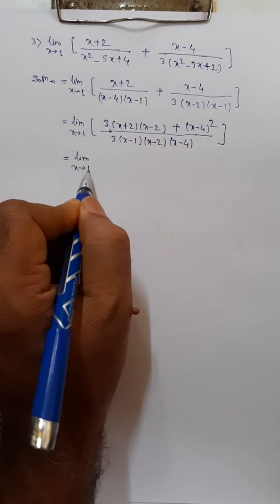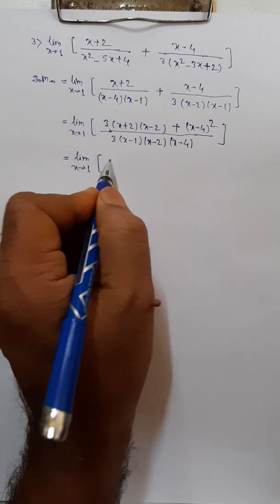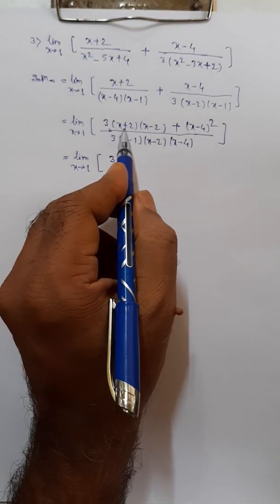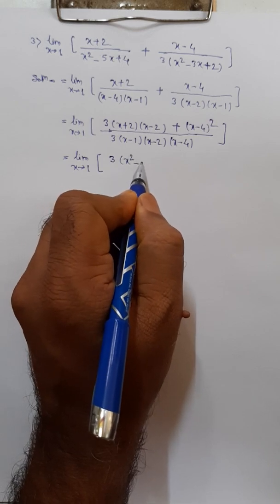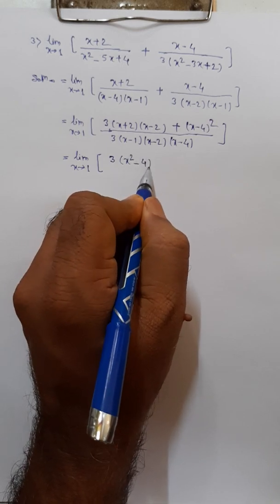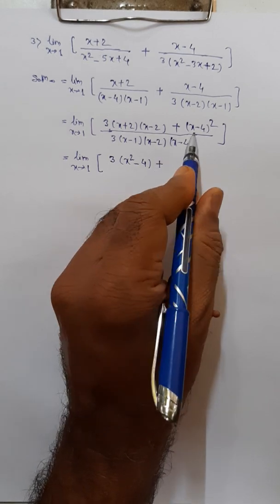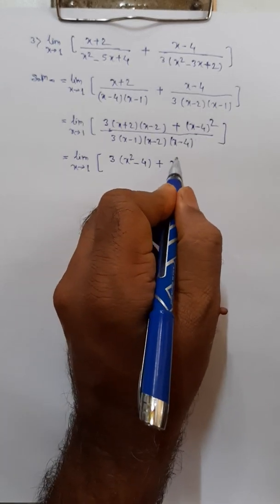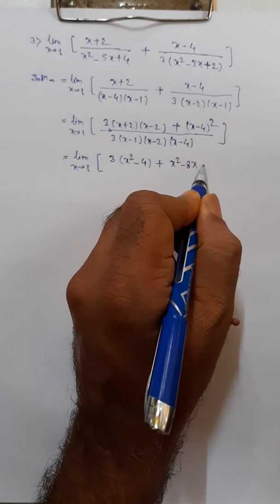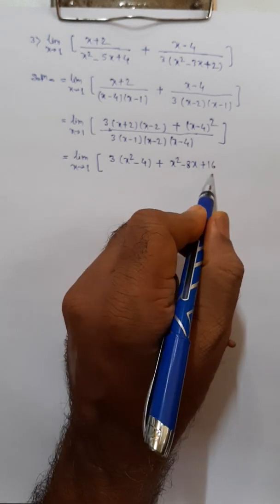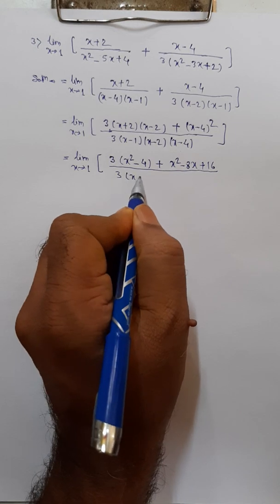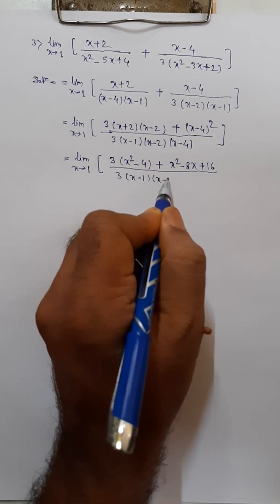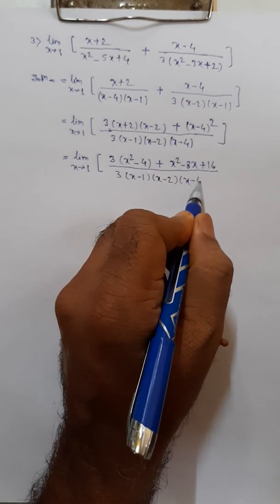Limit as x tends to 1 in bracket 3, apply the formula a plus b into a minus b, that is x square minus 2 square, 2 square means 4, plus apply a minus b whole square, x square minus 8x plus 16 divided by 3 into x minus 1, x minus 2, x minus 4.